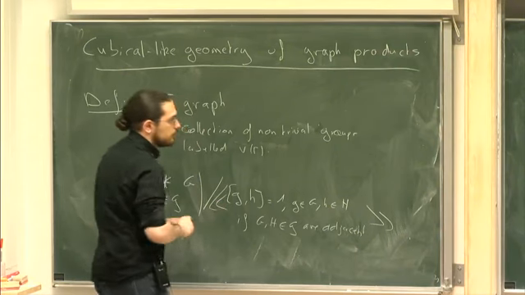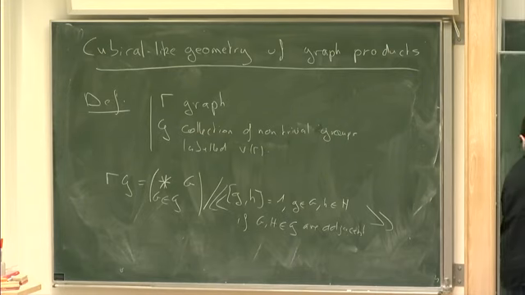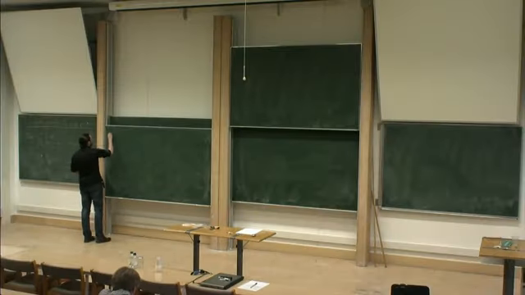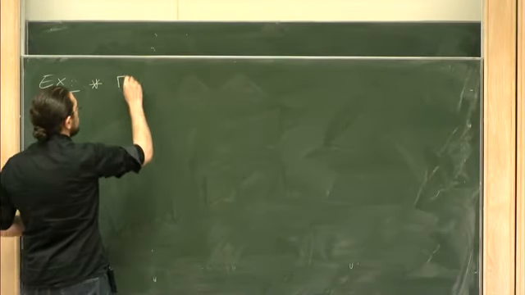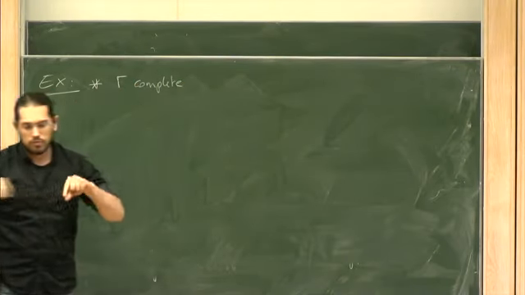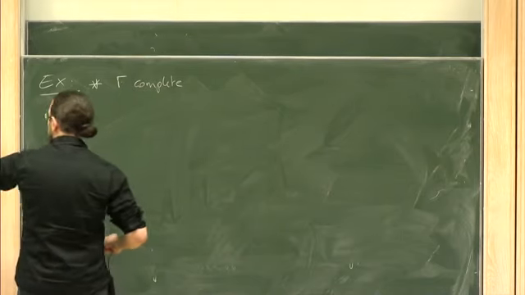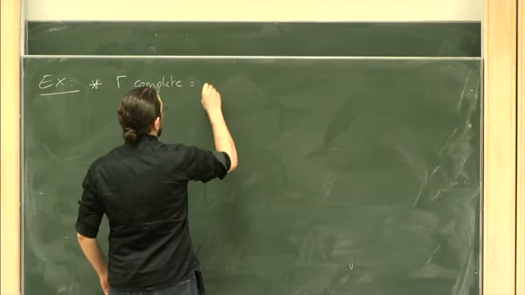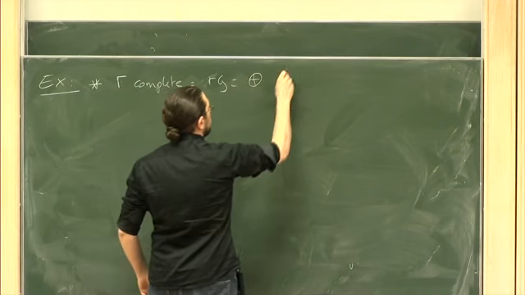Okay, so to understand what happens, it's interesting to look at the two following situations. So if gamma is complete, meaning that there is an edge between every two vertices, then everything commutes, and you get just the direct sum.